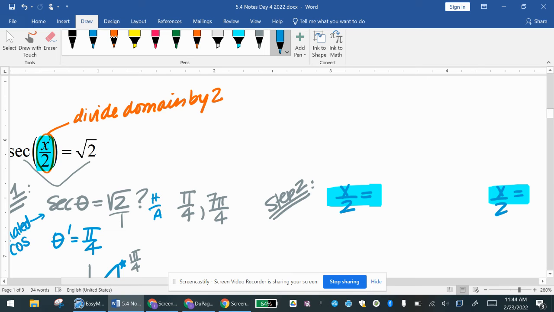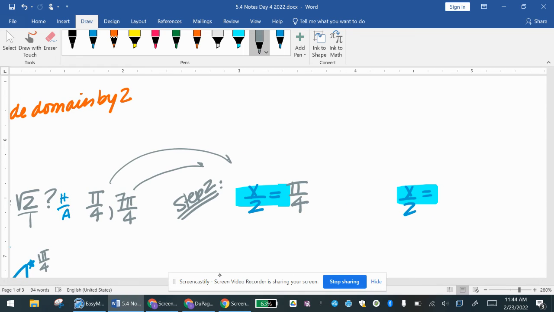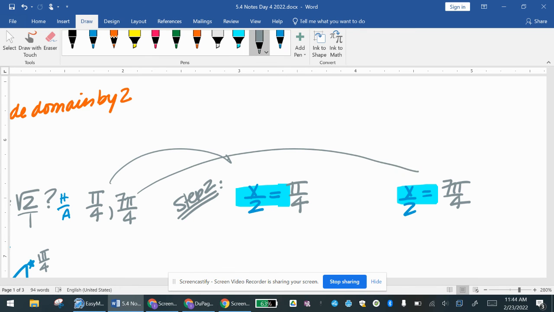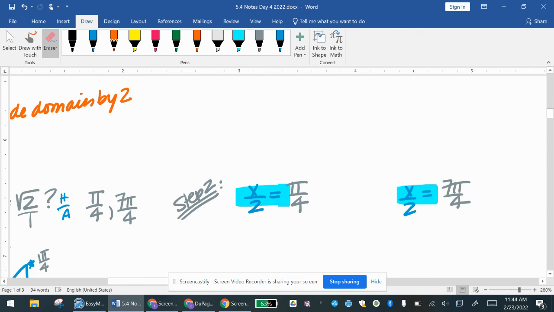You're going to set it equal to your two answers from the previous step, which was pi over 4 and 7 pi over 4. Okay, so one for each one. Then you're going to solve for x.